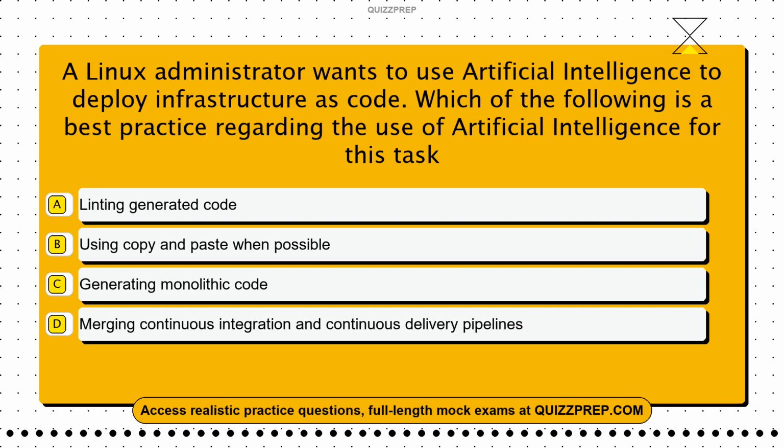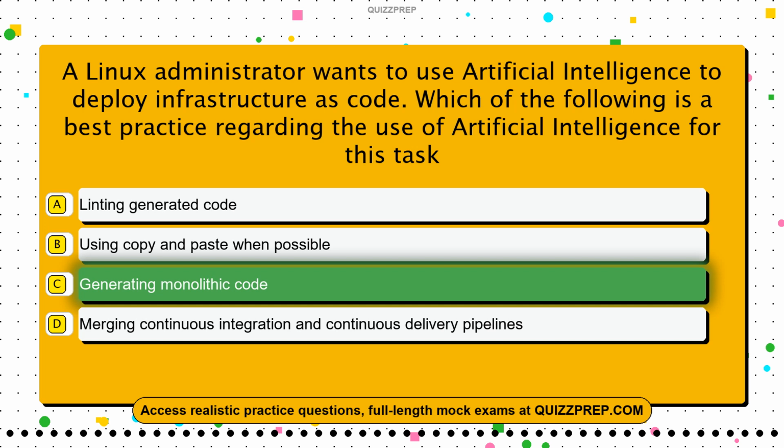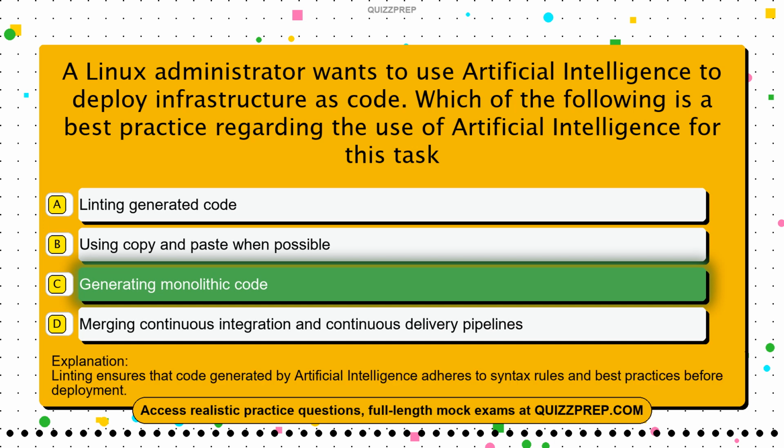Option A, linting generated code. Option B, using copy and paste when possible. Option C, generating monolithic code. Option D, merging continuous integration and continuous delivery pipelines. The correct answer is option C, generating monolithic code. Linting ensures that code generated by artificial intelligence adheres to syntax rules and best practices before deployment.